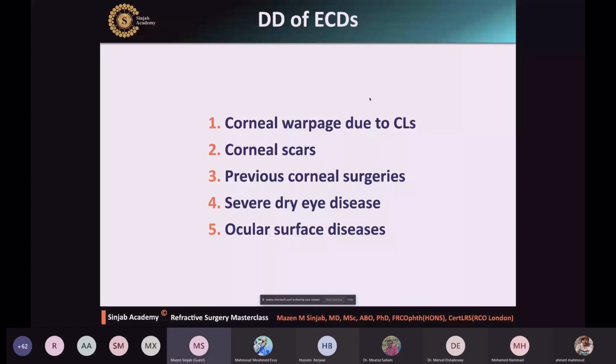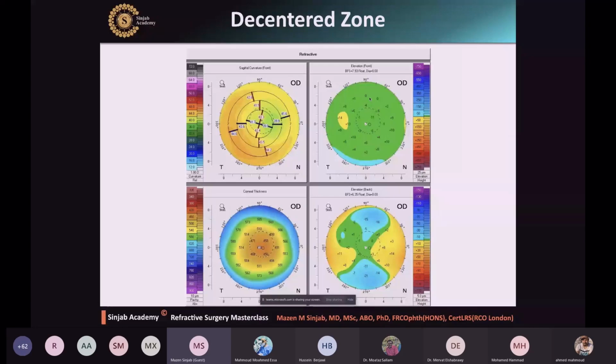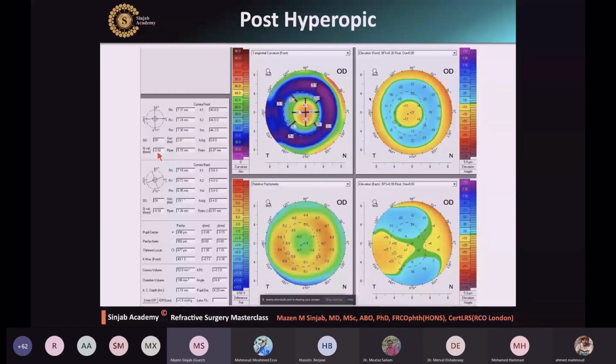For example, decentered zone after ablation. If you look at this, you may think that the inferior temporal steepening in the right eye of the curvature map is an ectasia. Okay, while it is not. It is just decentered optical zone. This is post-hypermetropic treatment. This is not keratoconus, although it is showing like a cone.